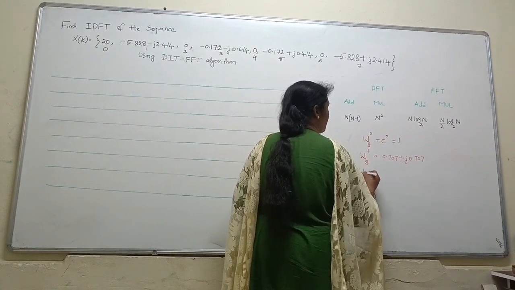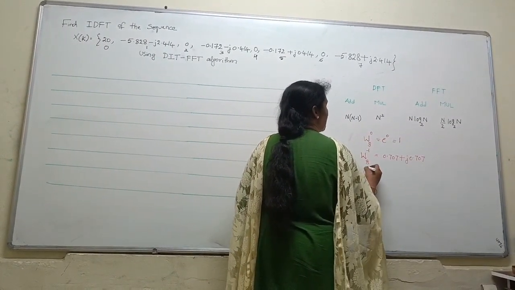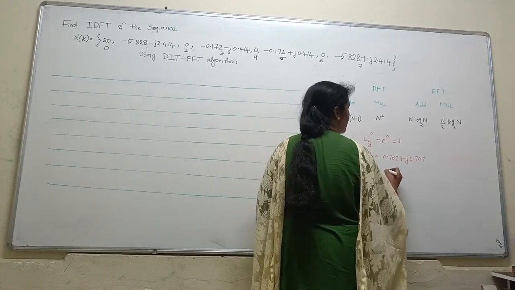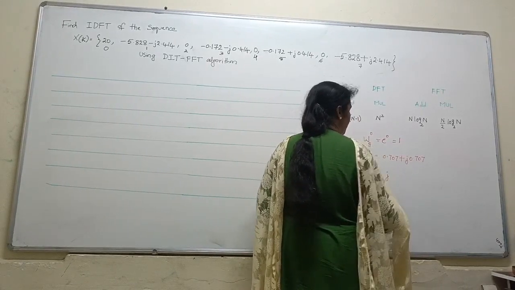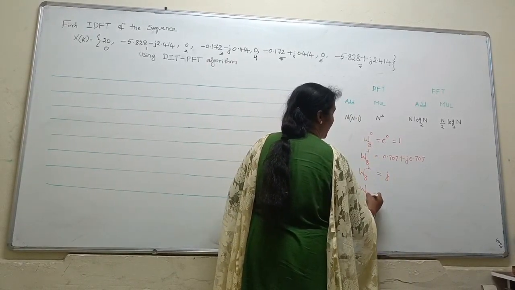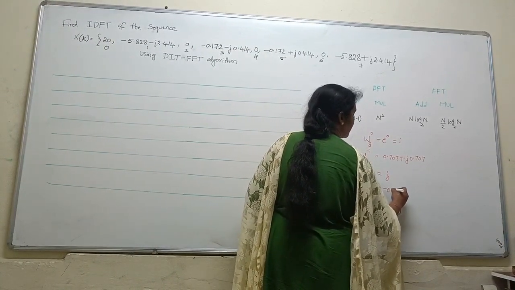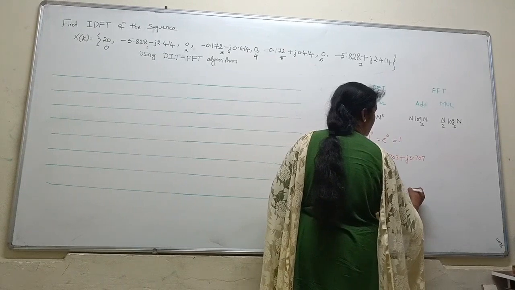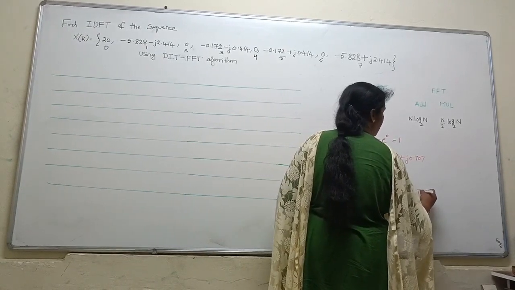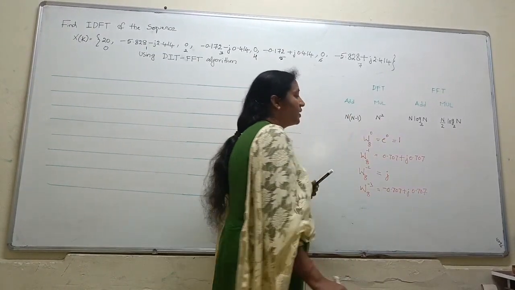W8 power minus 2 is given as j. W8 power minus 3 is given by minus 0.707 plus j 0.707. So these are the prerequisites.